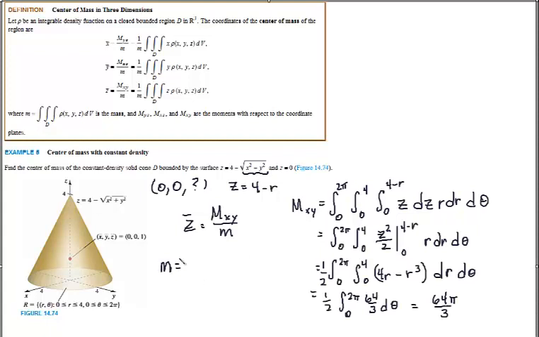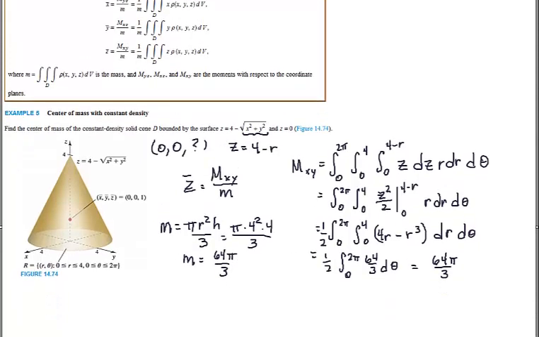Alright, now let's get the mass. Mass of a cone, I know that formula, and that is pi r squared h over 3. Plugging in these values of pi, and the radius is 4 squared, times h, the height is 4, over 3. The mass in this case is 64 pi over 3.